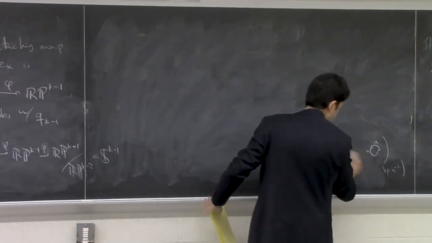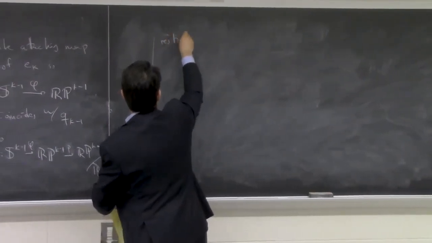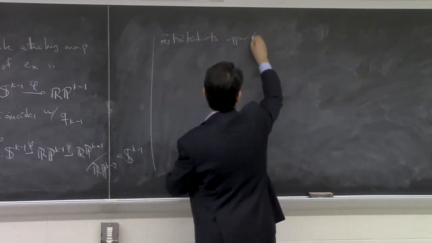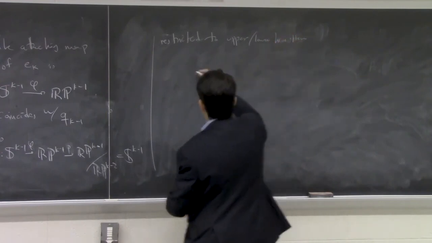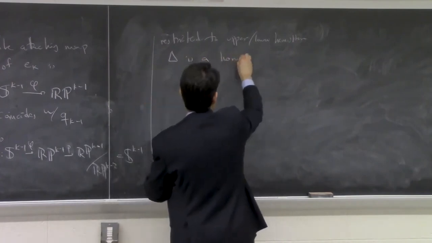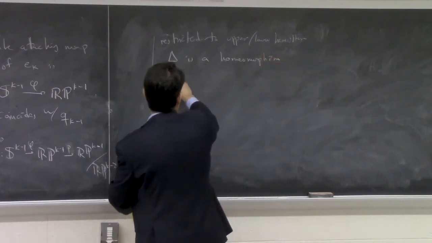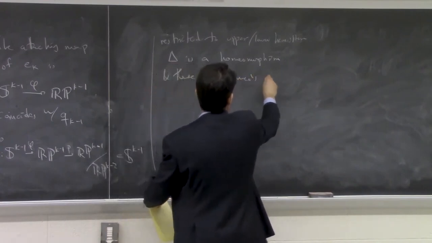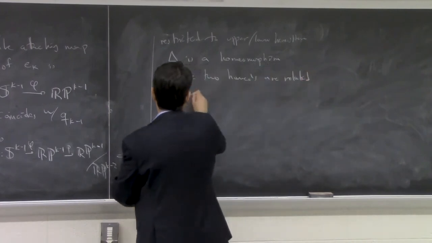Restricted to the upper or lower hemisphere, delta is a homeomorphism. And these two homeomorphisms are related by the antipodal map.